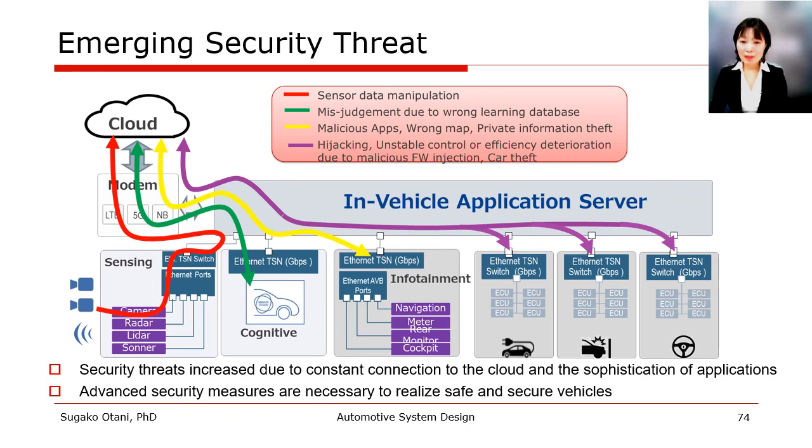Regarding the control domain, malicious firmware may be installed, which causes hijacking or unstable or inefficient vehicle control. Security threats have increased due to constant connection to the cloud and the sophistication of applications. Advanced security measures are necessary to realize safe and secure vehicles.